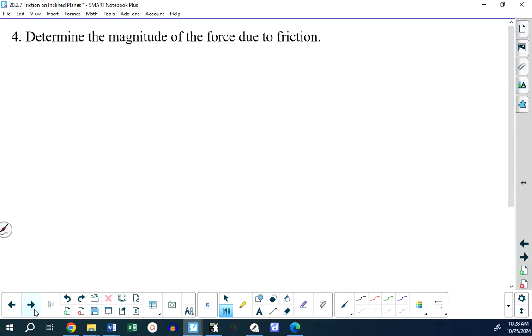What's the magnitude of the force of friction? We can do this. Because the force of friction is mu Fn. And this is Fg perpendicular. Why is Fn, Fg perpendicular in magnitude?